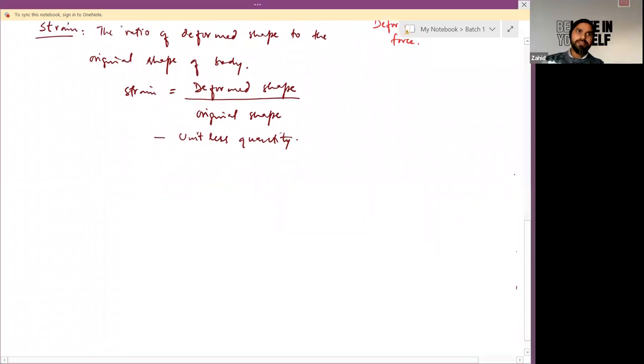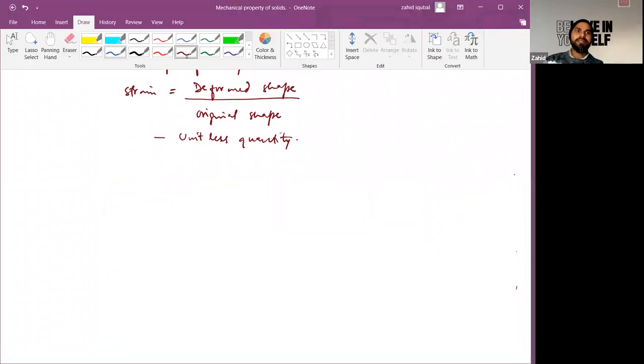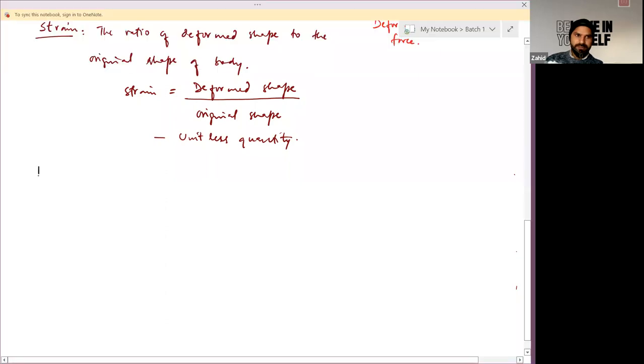Now, there is a relation between stress and the amount of strain produced, which is defined by Hooke's law. But there are some limiting conditions. First, temperature should be constant. Why?